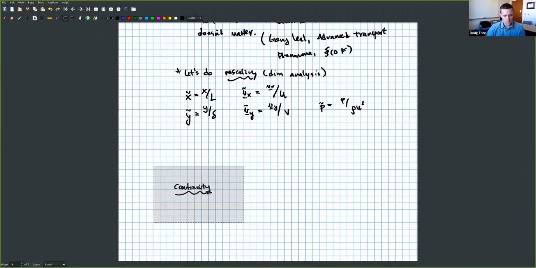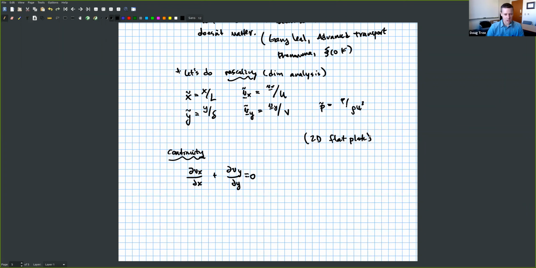Sometimes I wish I could do that in my notes for real. Okay, here we go. So in continuity, I have dVx/dx plus dVy/dy is equal to 0. And for a flat plate, I can assume 2D. So I didn't really note that, but I have 2D for a flat plate. Okay, because the depth doesn't really matter.